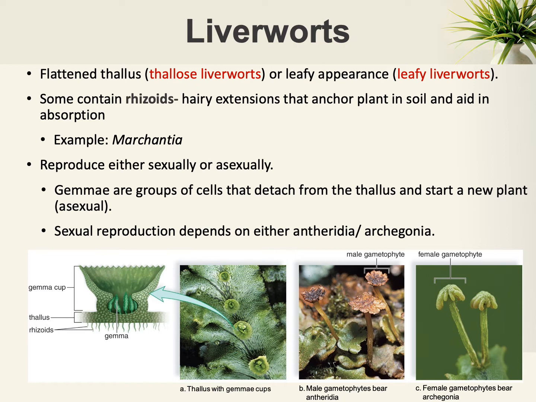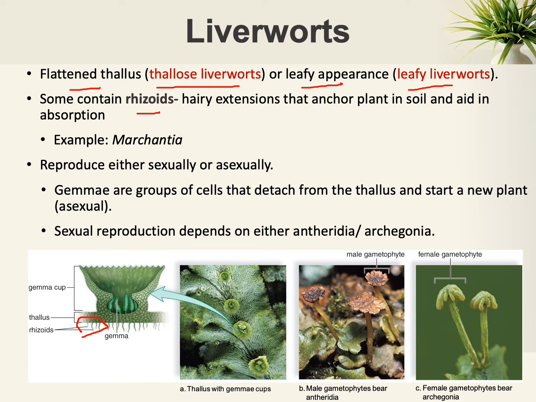There are two types: the thallus liverworts, which have a flattened thallus, and the leafy liverworts, which have a leafy appearance. Some of them contain rhizoids, because they don't have true roots. Rhizoids are hairy extensions that anchor the plant in soil and aid in nutrient absorption.